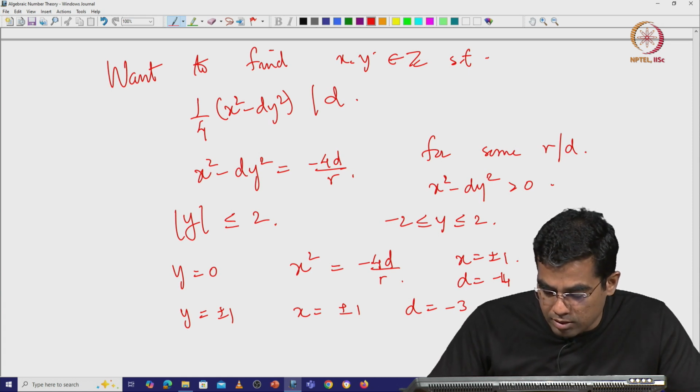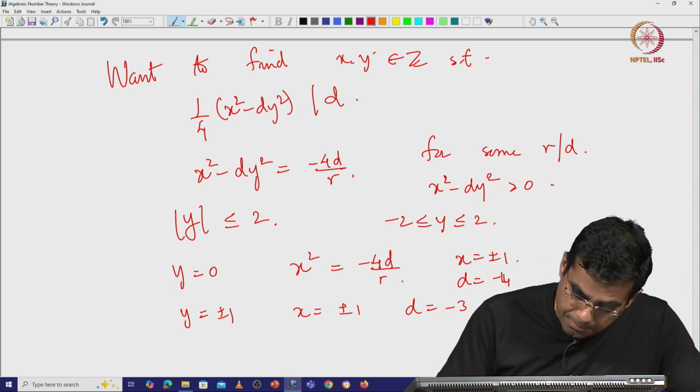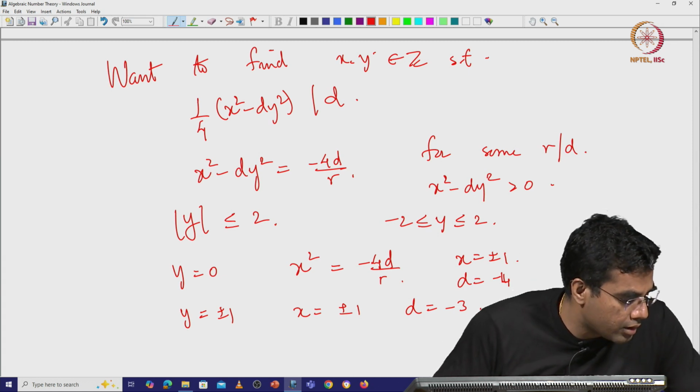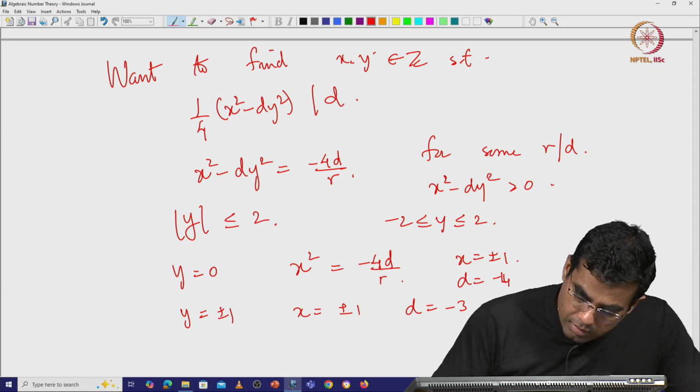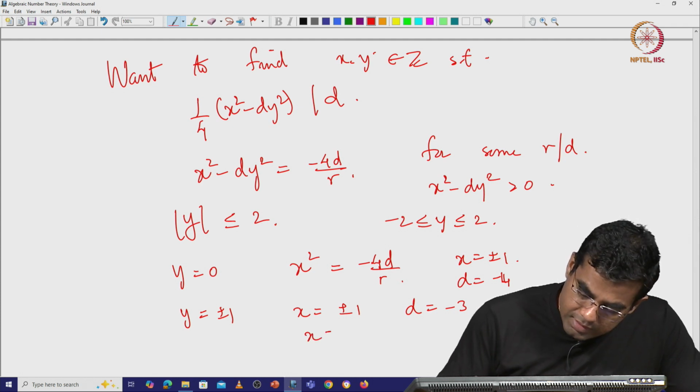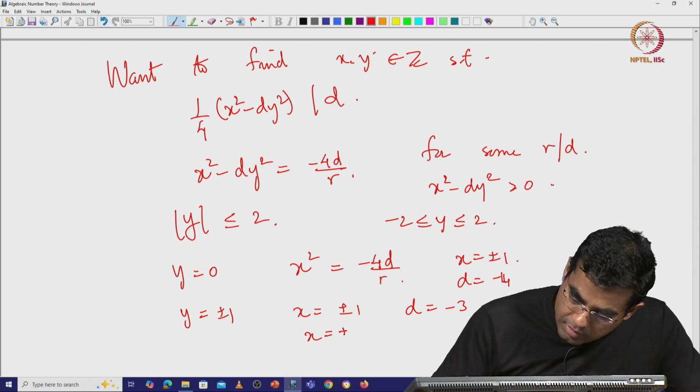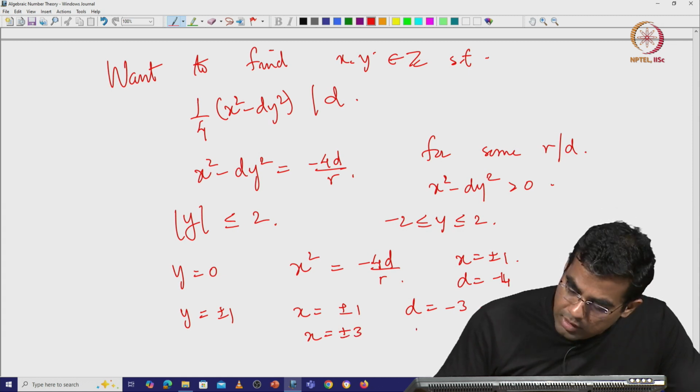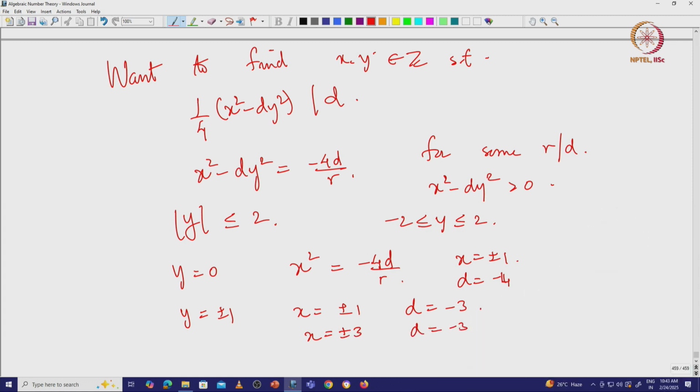So you get 1 minus 3, so 4, and d is minus 3 and r is 3, or you could have x is equal to plus minus 3 and d is equal to minus 3. So, I think in this case you get 9 minus minus 3, so minus 12 and r is 1. So, in this case r is 3 and in this case r is 1, right.